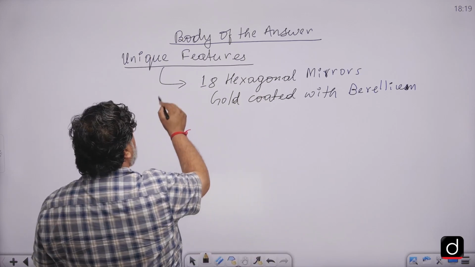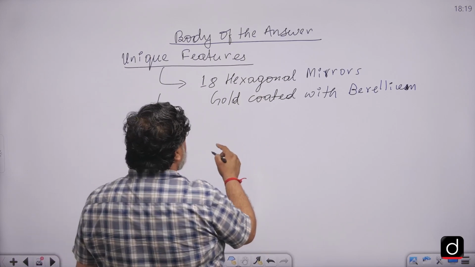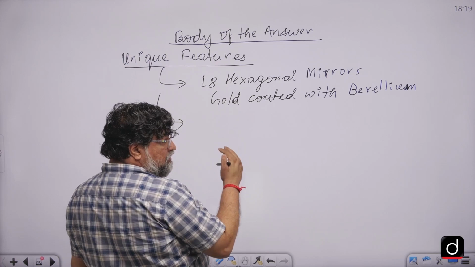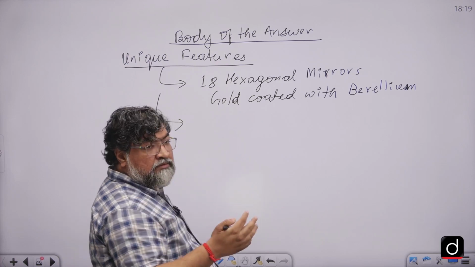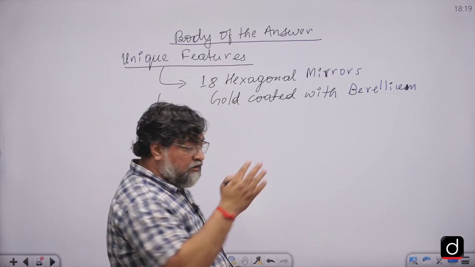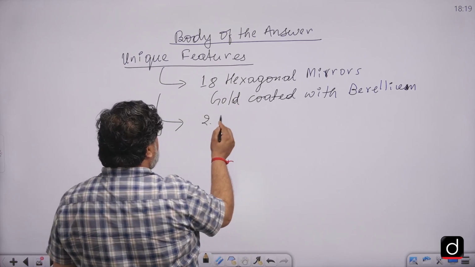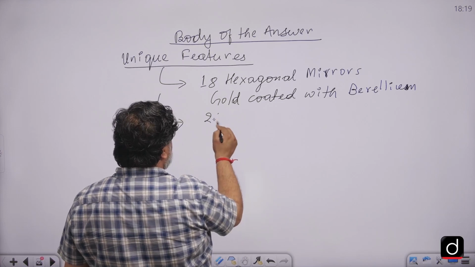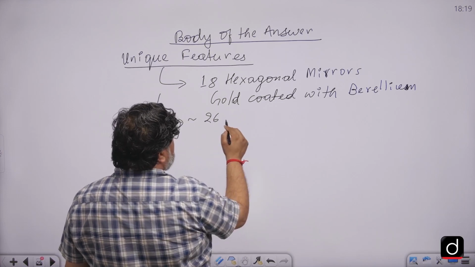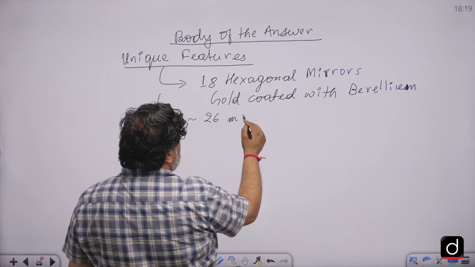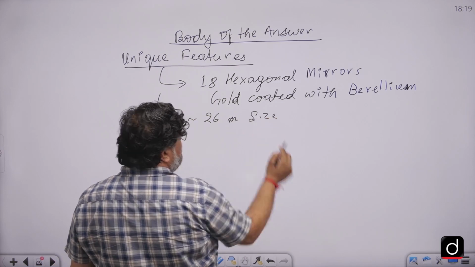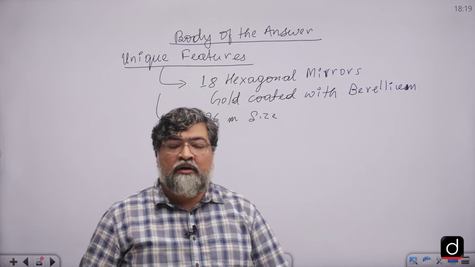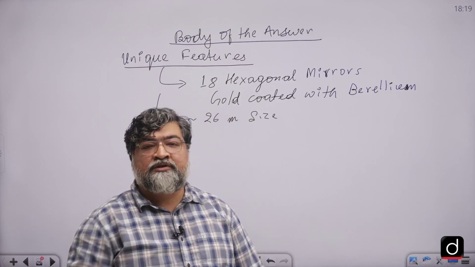Another very important thing is size. If you look at the size, it is 26.8 meters, that's big. Around 26 meters. If you look at Hubble, it had only around 2 meters.